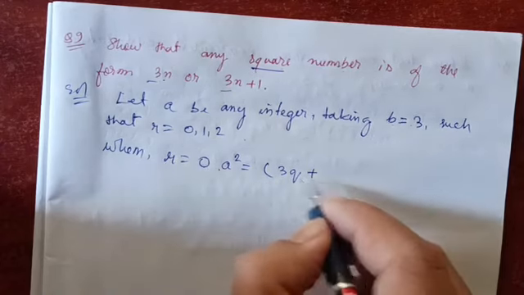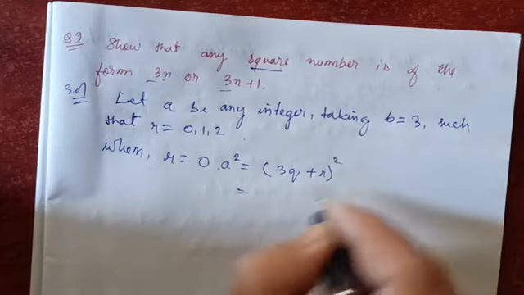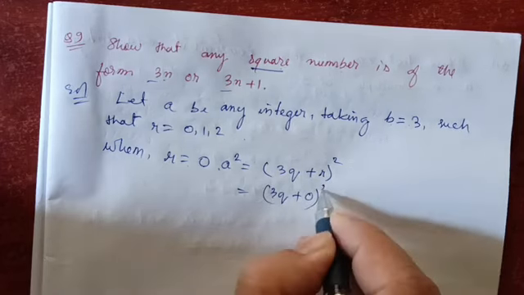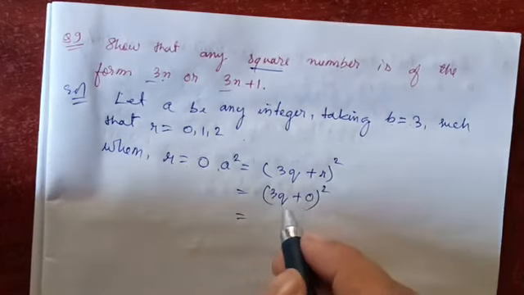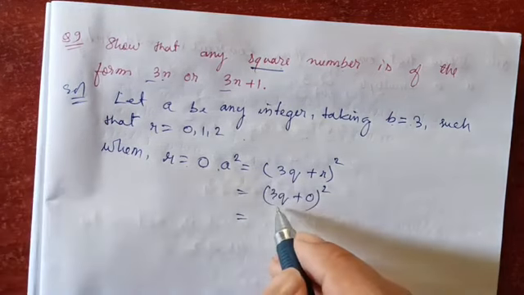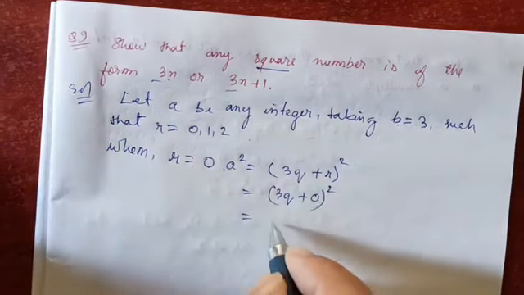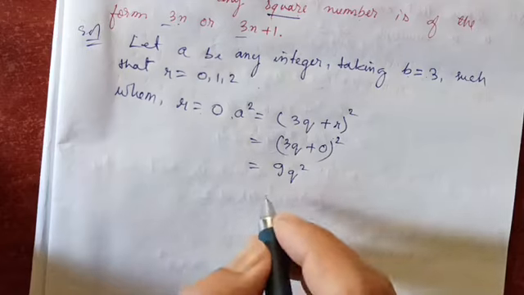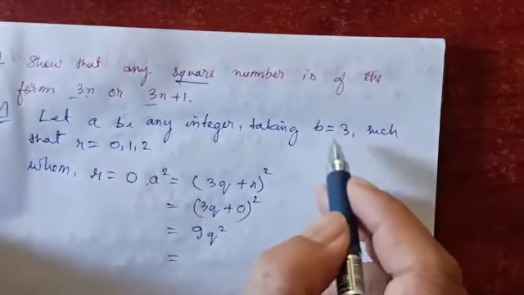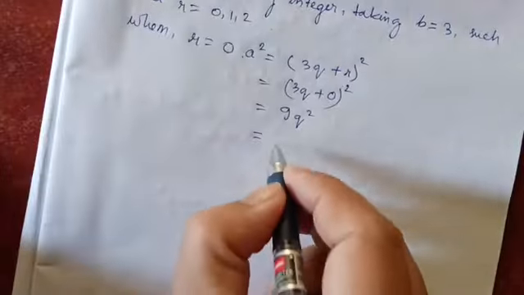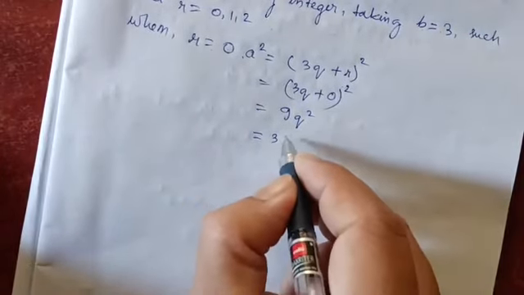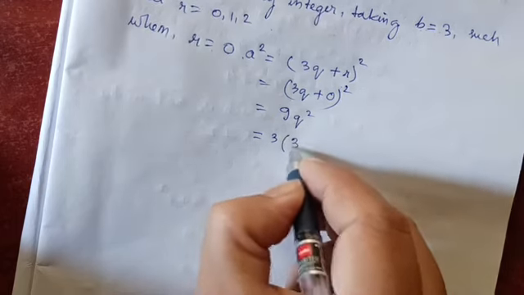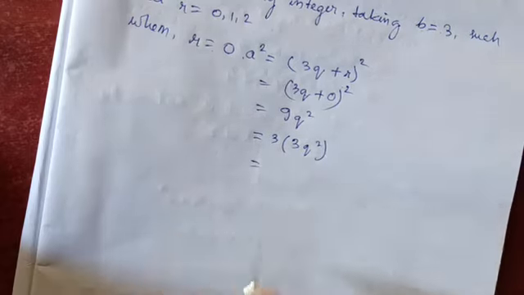So we take the square of 3q, so we get 9q square. Our b value is 3, so take 3 common, 3 times 3q square.